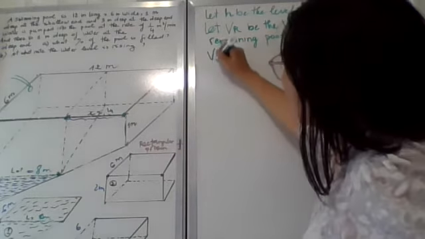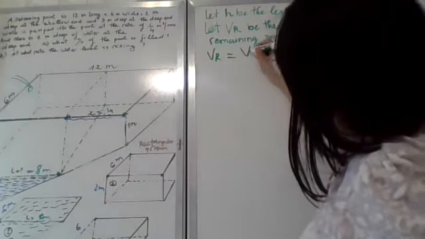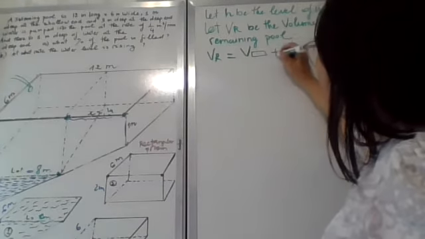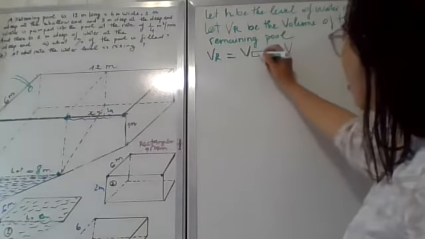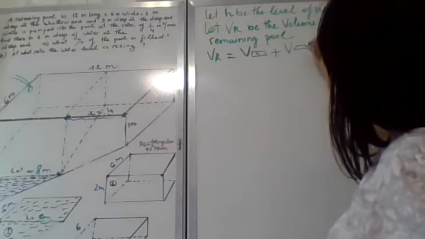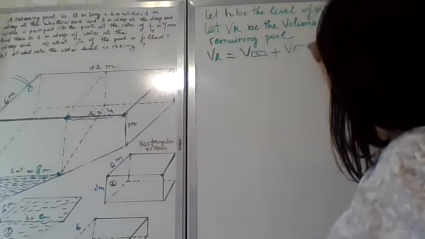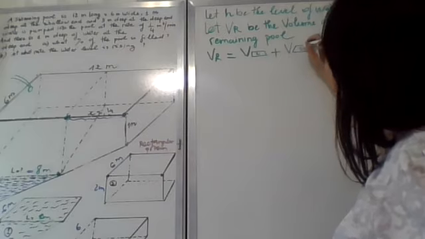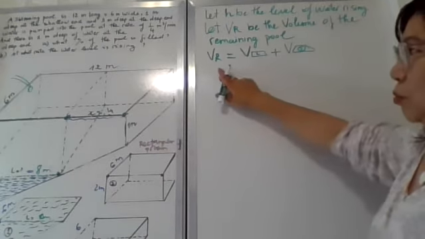So VR will be equal to the two figures, V rectangle plus V trapezoid. I can call this figure 2 and this figure 3, the trapezoid, so V2 and V3. That's the remaining volume of the pool.